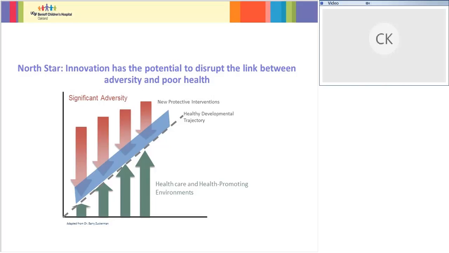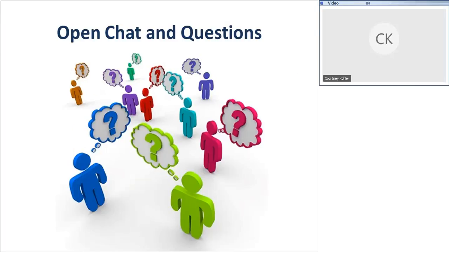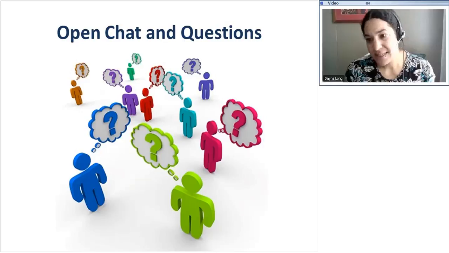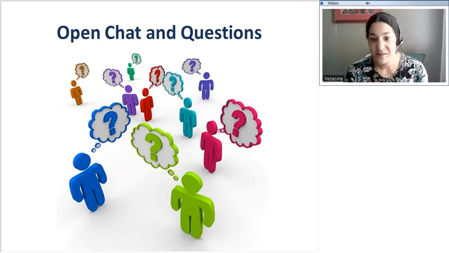All right, I think we had another question or two come in. So Linda asked, on average, how long does it take to complete the screening? Great question, Linda. So it depends what the family's needs are. Some families come and they just really want to know about a particular summer camp.